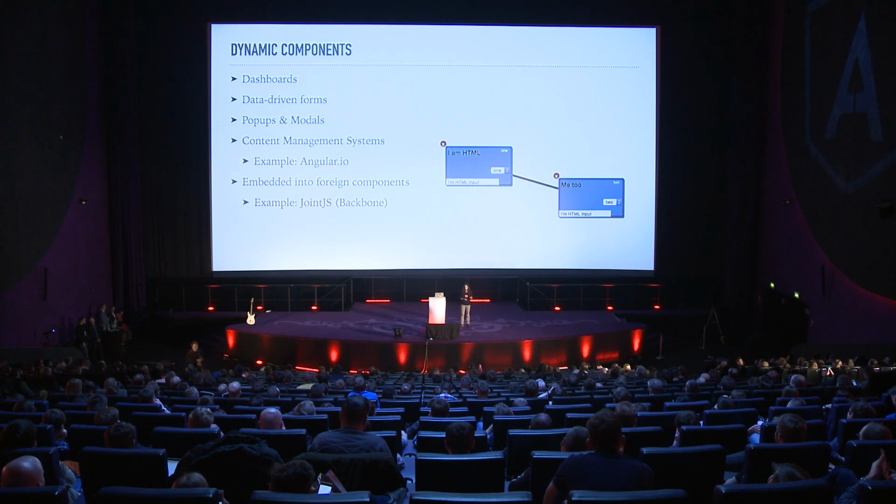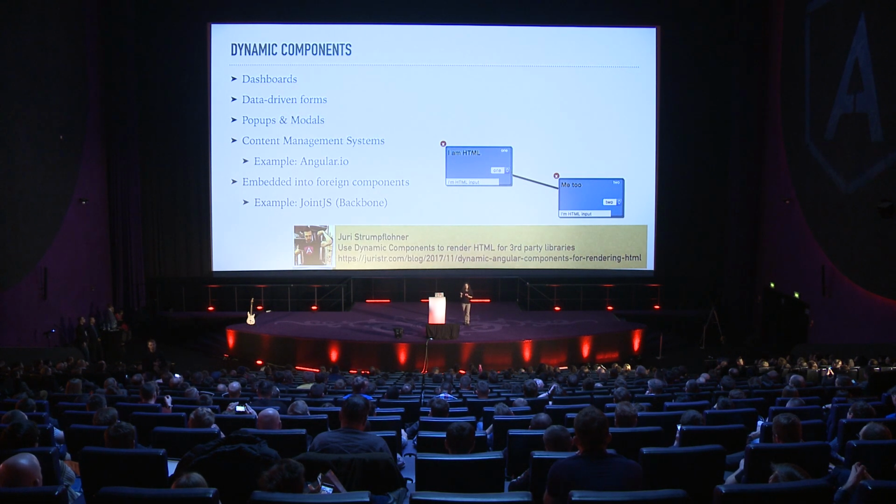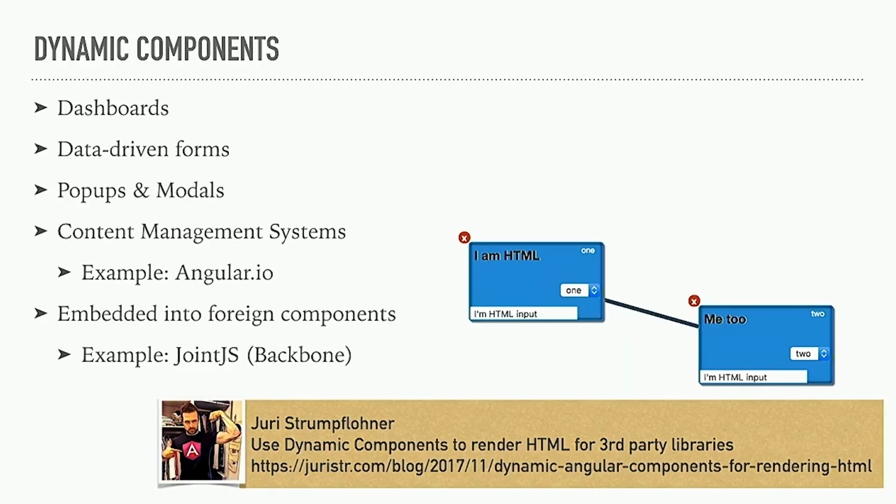And if you want this HTML to be actual Angular components that are wired to all the dependency injection and change detection and just connected to your application, you will create a dynamic component for that. And a great blog post about it is by Yuri Strumpflohner. He had a different use case, but he explains how to do that and what to pay attention to if you're talking about lifecycle hooks and stuff like that.